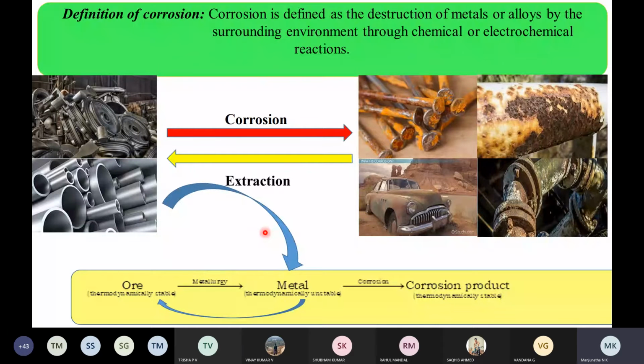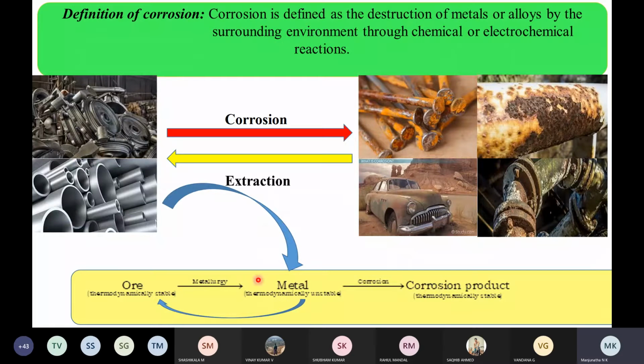Destruction of metals or alloys by the surrounding environment through chemical or electrochemical reactions. Whatever process involves the loss of metal or alloys by the surrounding environment, either through chemical reaction or electrochemical reaction, is called corrosion. Is it clear?